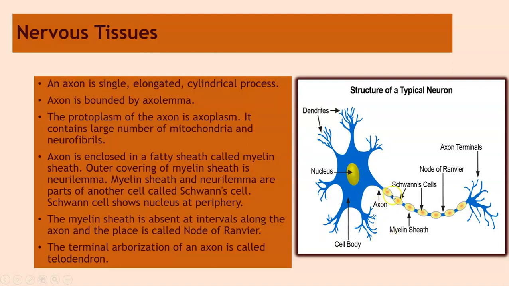Can you see this blue region on the axon? Here the myelin sheath is absent and this place is called node of Ranvier. The terminal arborization of the axon is called telodendron. Where it terminates, these are the axonal terminals and this end is called the telodendron.